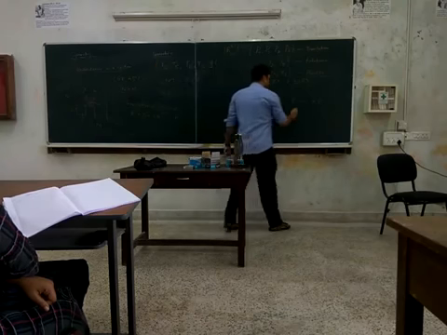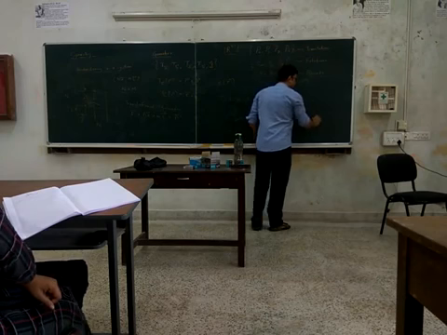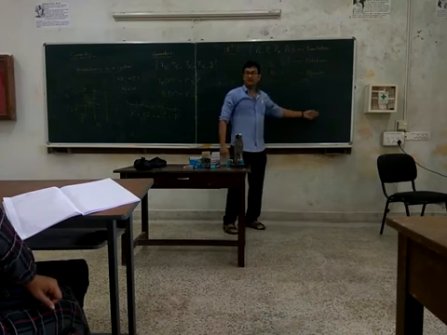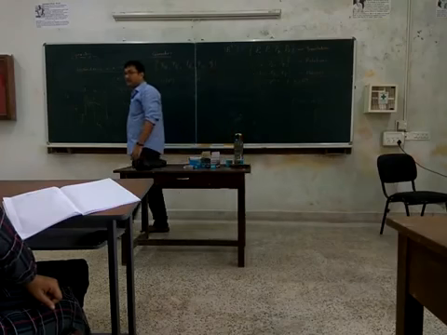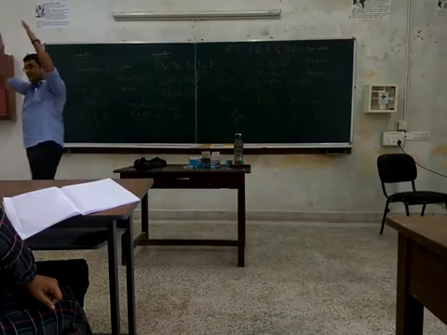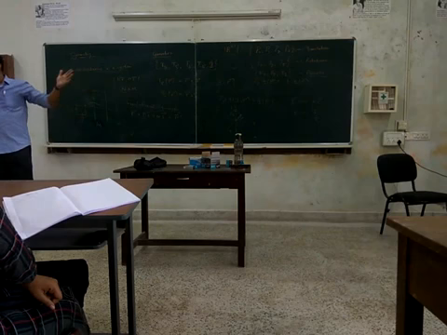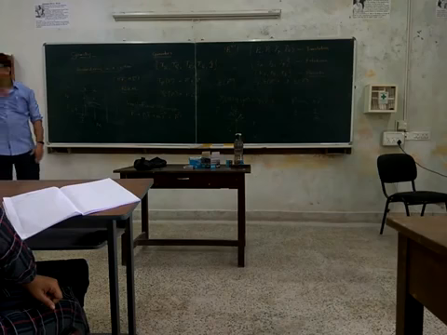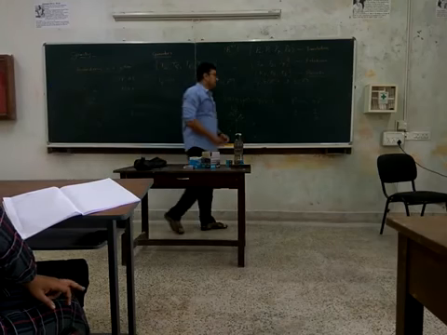If you have a complex number z, take 1 by z as an inversion. It will map infinity to 0 and 0 to infinity. So you could have inversions in the xt plane, yt plane, zt plane, or in the xy plane.